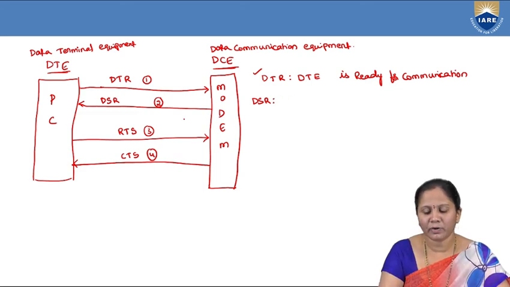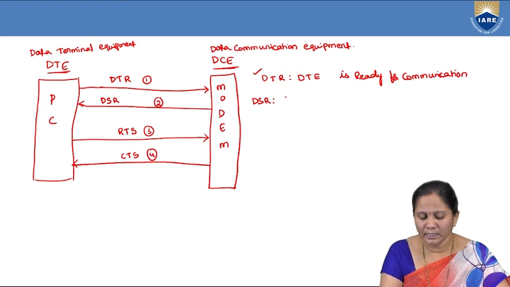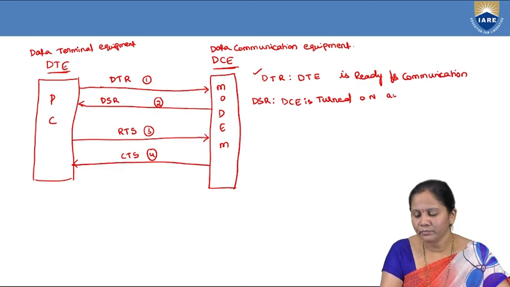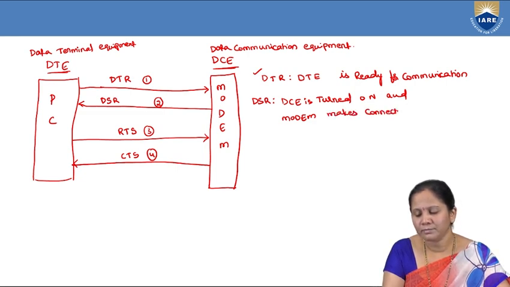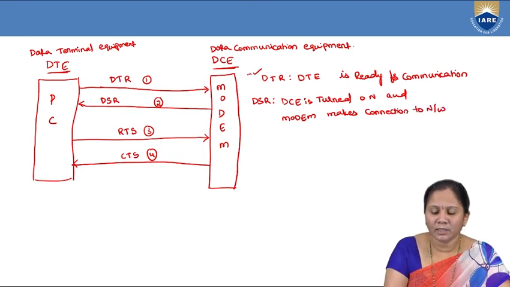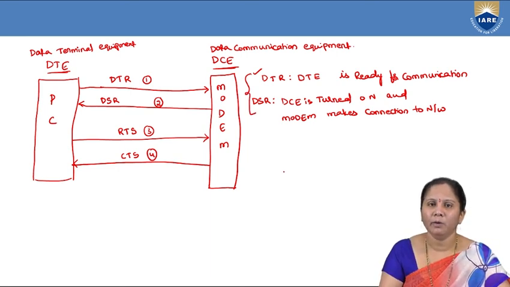If the signal is sent from the modem to the PC, it indicates that the DCE, so this DSR is going from DCE to DTE, it indicates that the DCE is turned on and the modem makes a connection to the network. Okay. So by using these two signals, the communication will be established between this PC and modem.